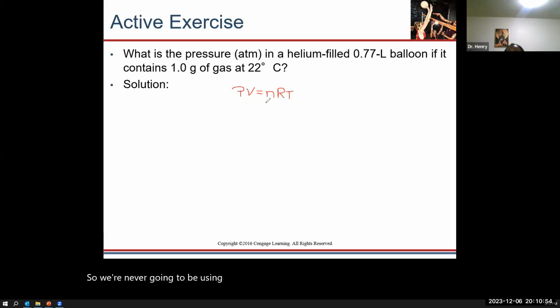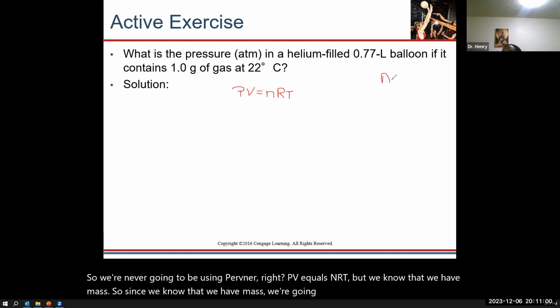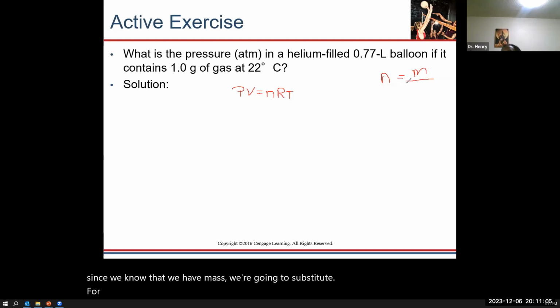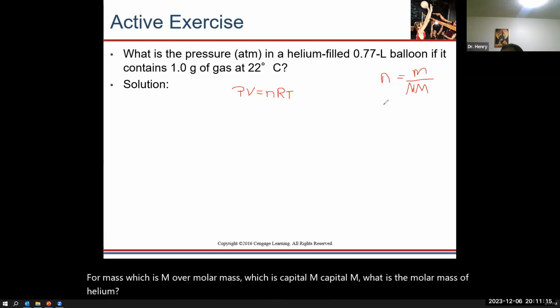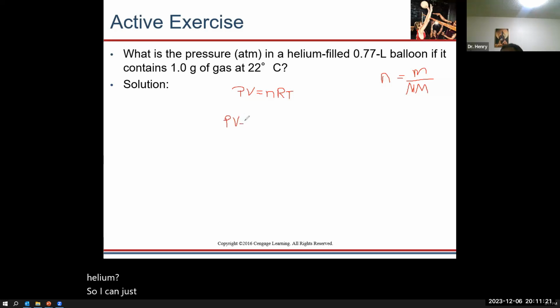So we know we're going to be using PV equals nRT. But we know that we have mass. So since we have mass, we're going to substitute N with mass, which is lowercase m, over molar mass, which is capital M. What is the molar mass of helium? So I can just simply plug it in.